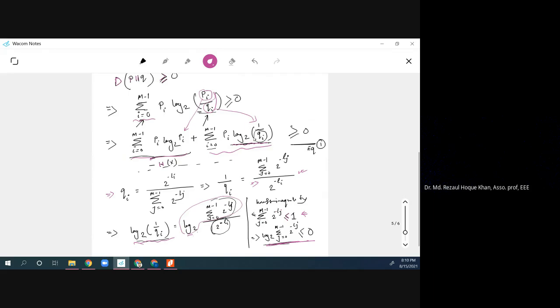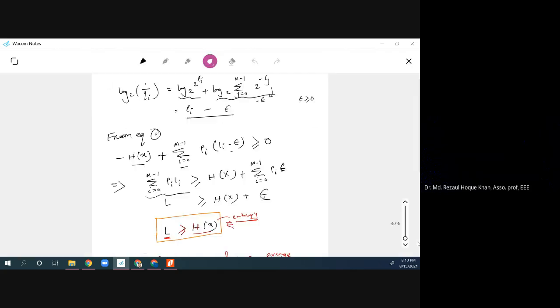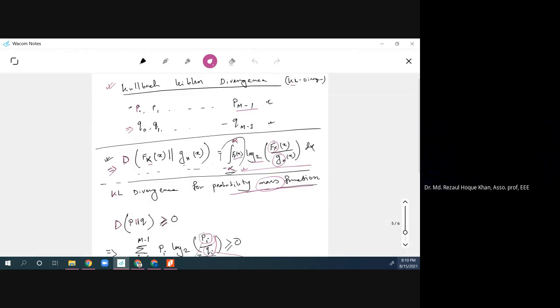We know that the log of a by b is nothing but log a minus log b, right? Based on the base, if it's 2 then log2 2, right? We know it. So this is the same thing I did here.